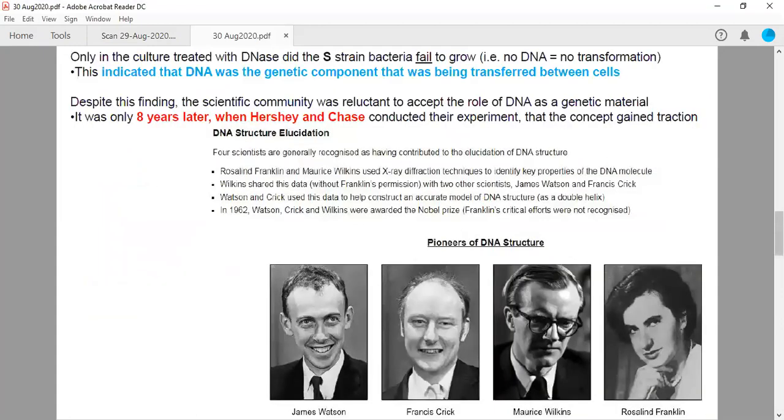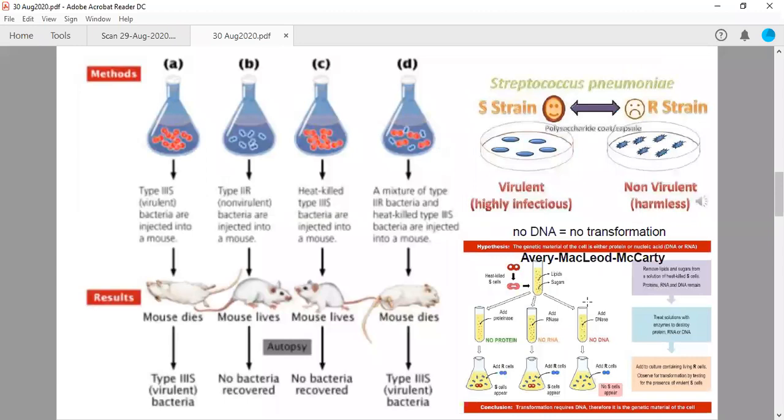Then, after 8 years, Hershey and Chase conducted bacteriophage experiments and proved that DNA is the genetic material. The scientific community was not able to accept the fact even after the experiments of Griffith and of Avery, MacLeod and McCarty.